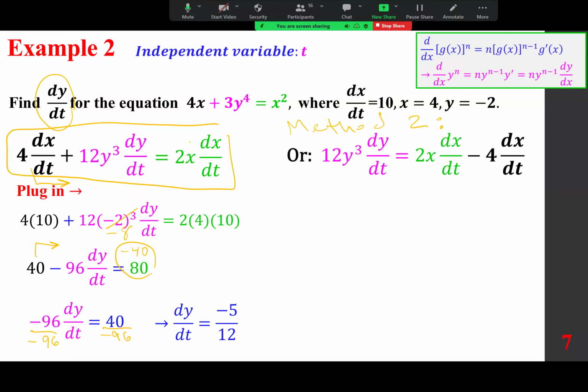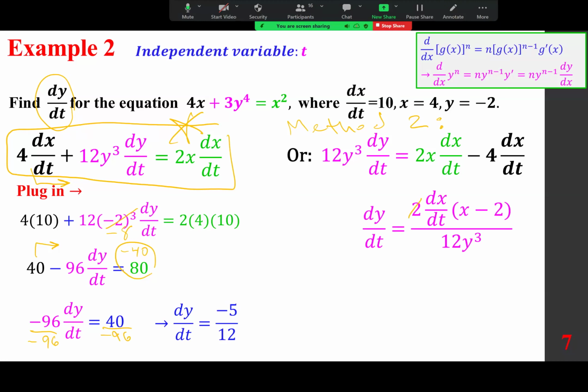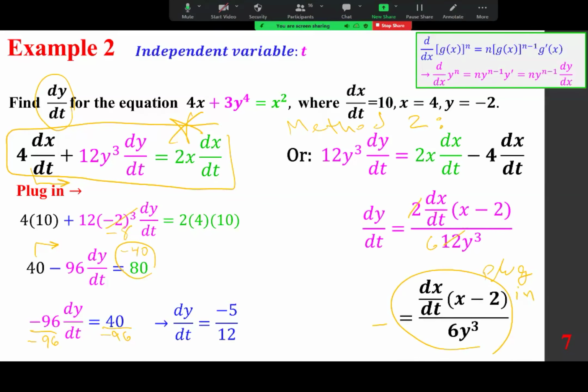In both cases, this is the only calculus step, the one with the asterisk. You're going to divide by 12y cubed, but on the right side, take the 2 dx/dt out so you can simplify the 2, and that's the final answer. Now if you plug in, you get the same answer.